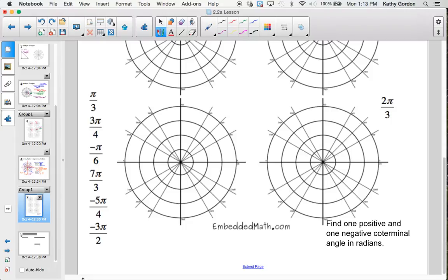And beside each one, I want you to write down which quadrant you think the terminal side of that angle would be in. You don't necessarily have to draw them, but you've got the circle there that you can use as a reference. Write down the 6 different angle measures in radians, and then beside each one, just write down 1, 2, 3, or 4 as to which quadrant you think the terminal side of that angle would be in.